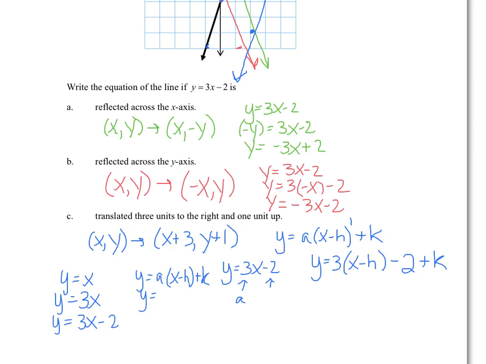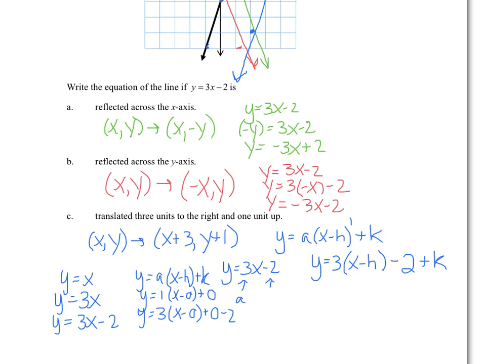That's where we have 1 times (x minus 0) plus 0. But we know that our a is going to be 3, and we know that we're going to be taking away 2. I know that this is a very convoluted way of looking at it, but I'm hoping that you're following with me, that this right now is no transformation. What we need to transform it is 3 units to the right and 1 unit up.